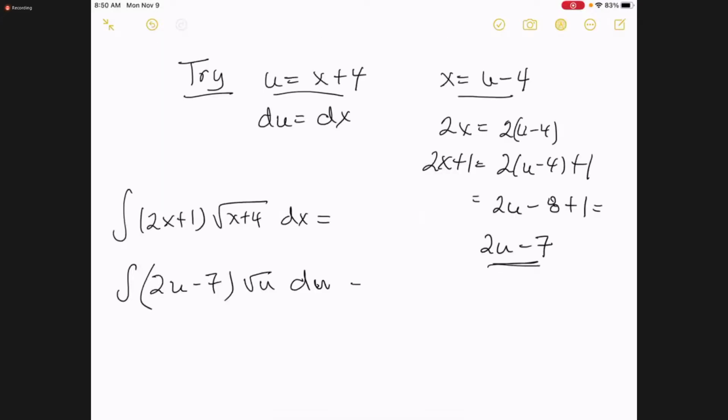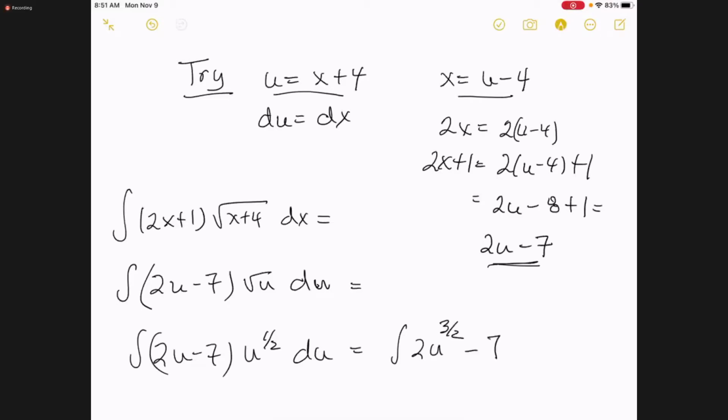So it's switched over to u's. Okay, so u to the first times u to the 1/2 is u to the 3/2. And then minus 7 u to the 1/2.